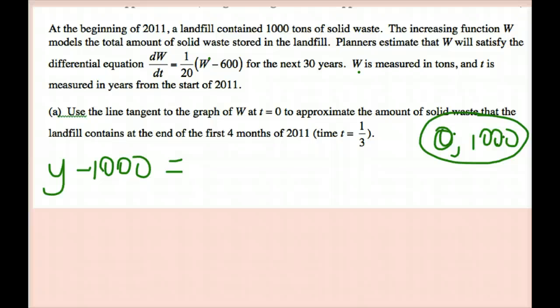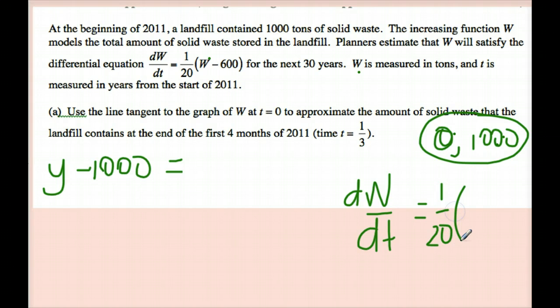Once again, I get dw dt is equal to 1 over 20 times 1,000 minus 600 is 400.